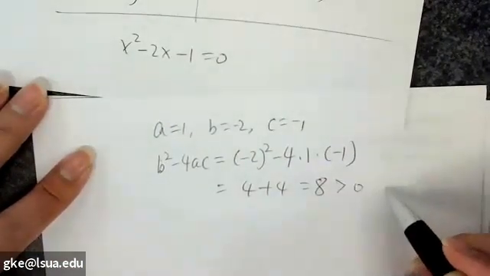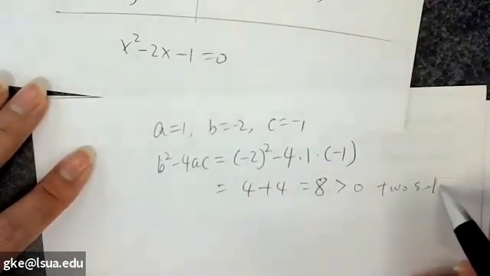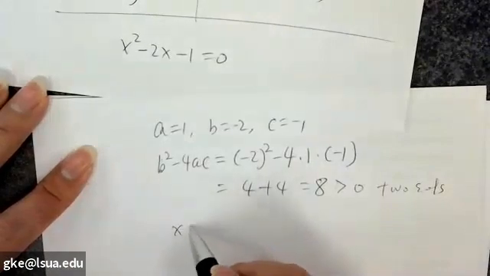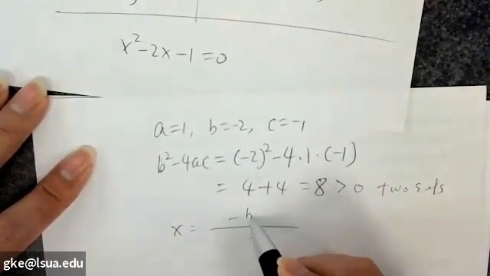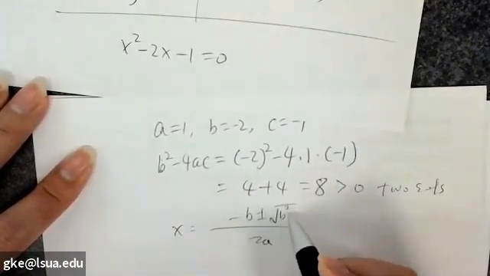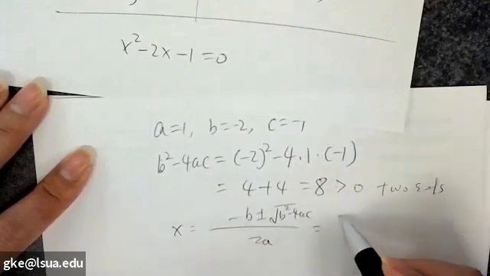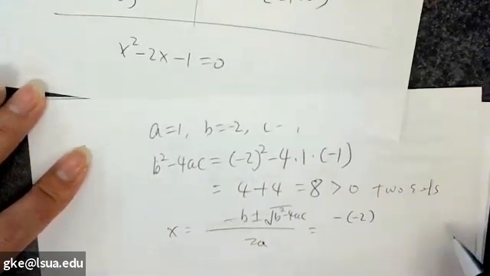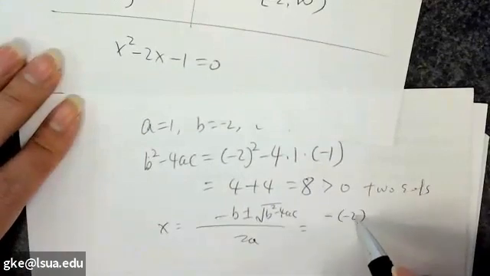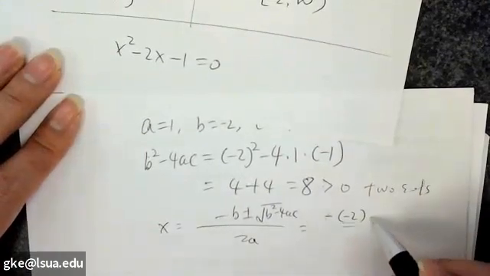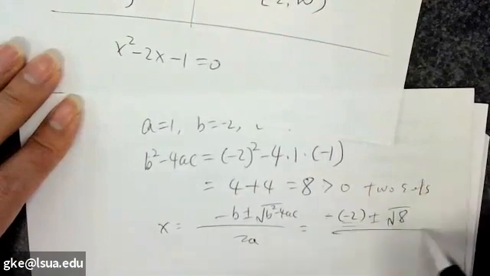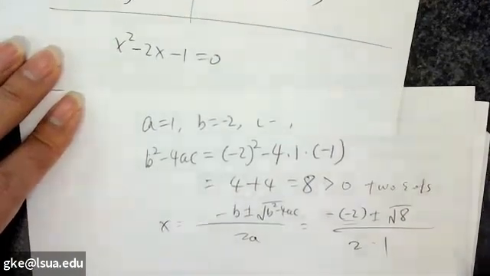Greater than 0, so 2 solutions. And now you can plug into the formula. Negative b, b is -2, so negative b is 2. Square root of 8, a is 1, right?